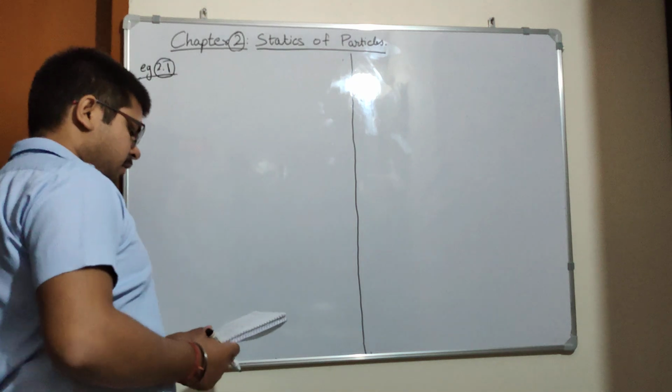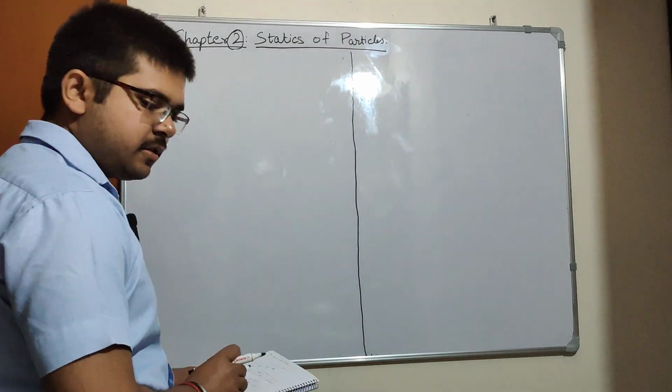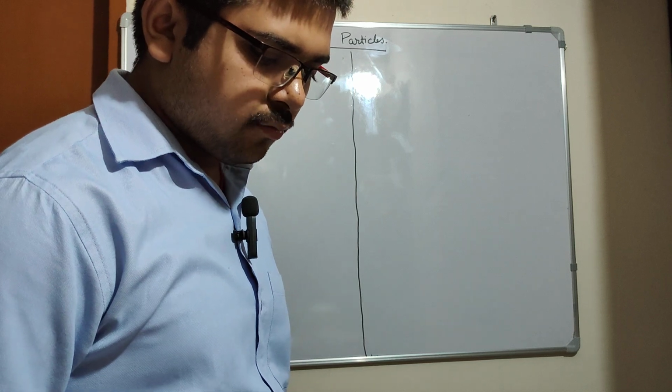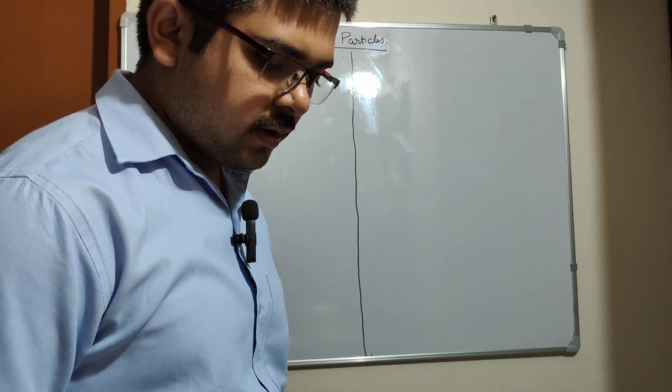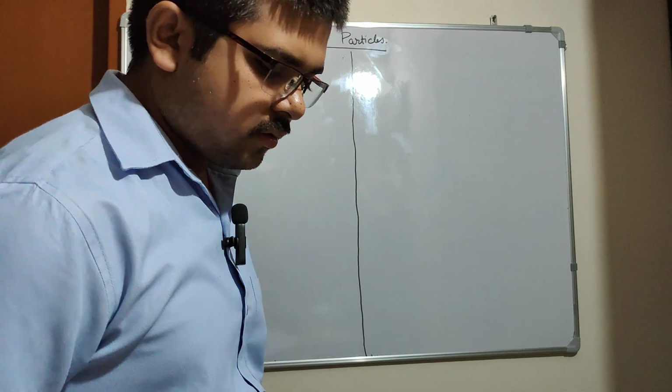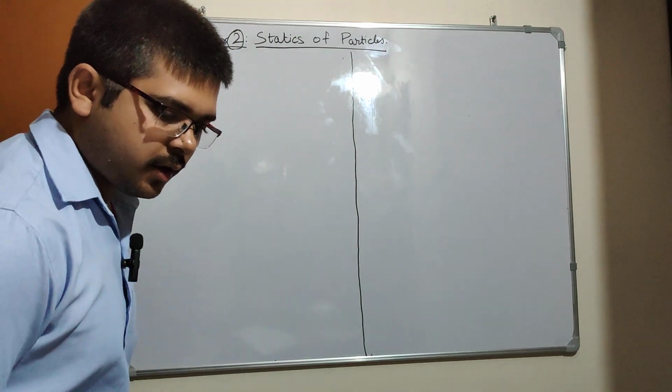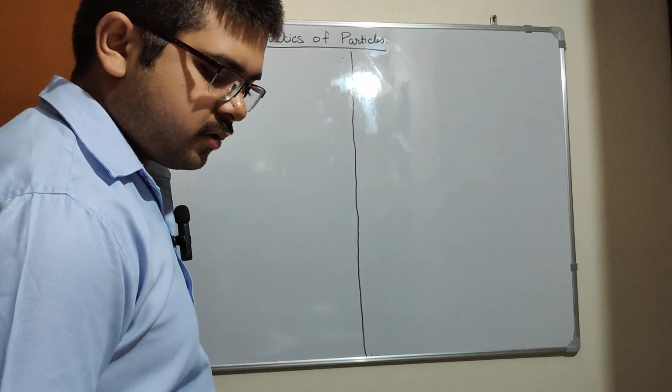In this example, we are given two forces acting on a bolt A. Determine the resultant. So the two forces are like this: 20 degrees and 25 degrees.